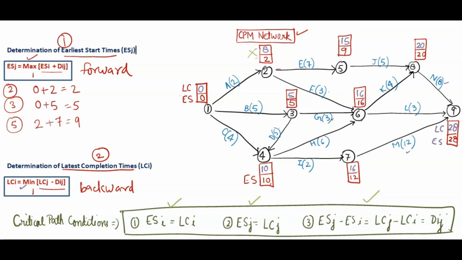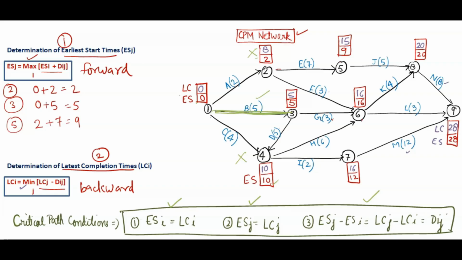From 1 to 4 we can move, 10, 10 same. The other two conditions we have to check. The first and second conditions are followed. For the third condition, 10 minus 0 is 10, but the duration is 4. No. Here we cannot move. But for 5, if you see activity B, 5 minus 0 is 5 and the duration is 5. So we can move from 1 to 3.